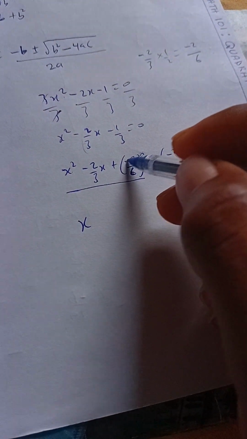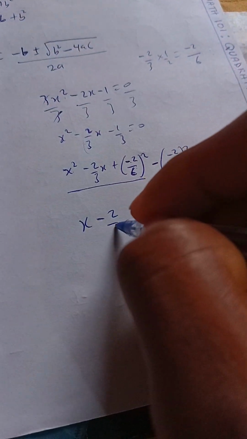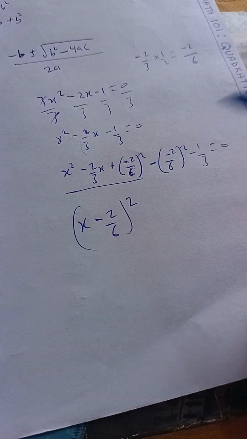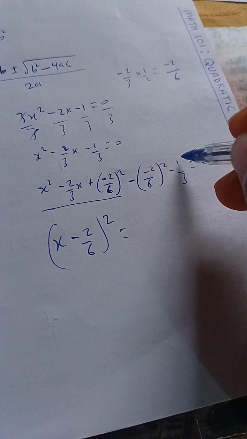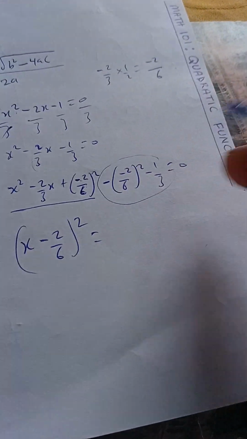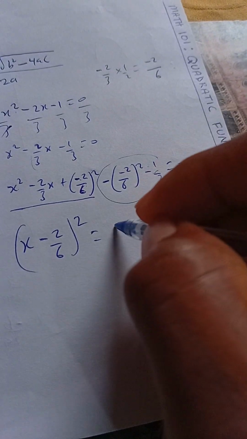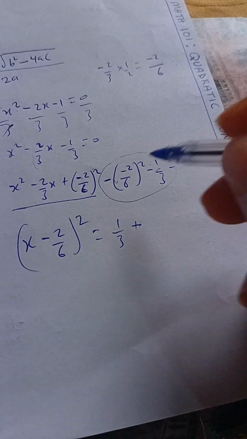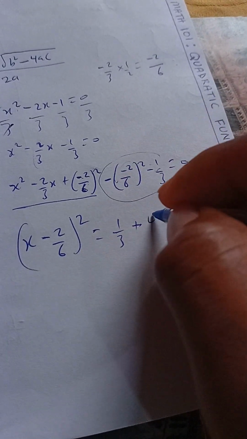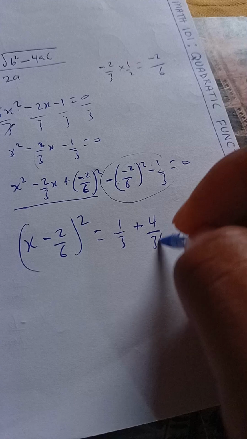It's negative 2 over 6, so x minus 2 over 6, all squared. Then you send all this to the other side. Sending this one there becomes 1 over 3. Sending this one there becomes positive. This is being squared, so that will be 4 on 36.